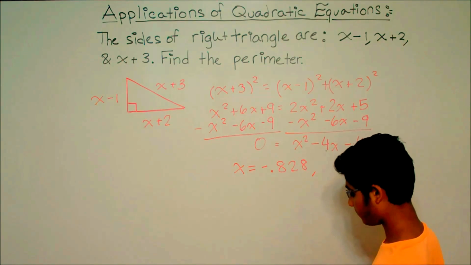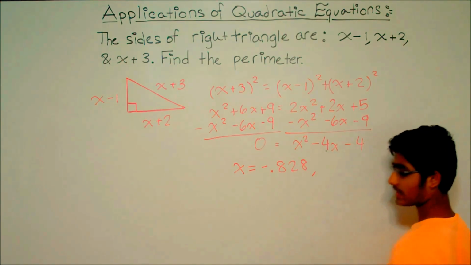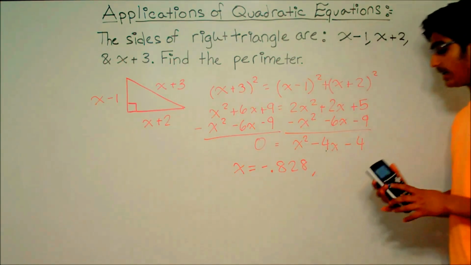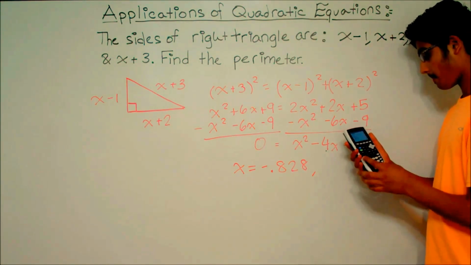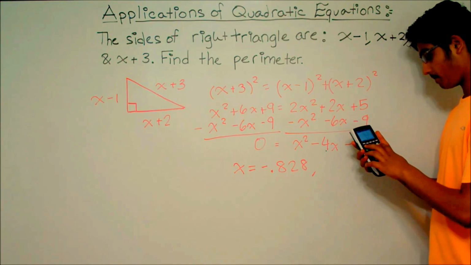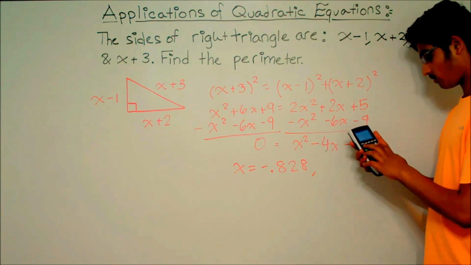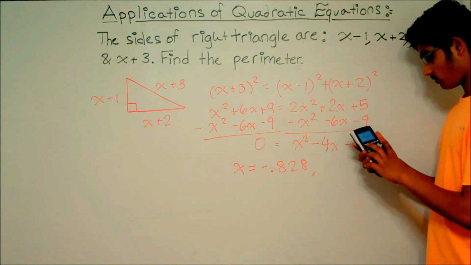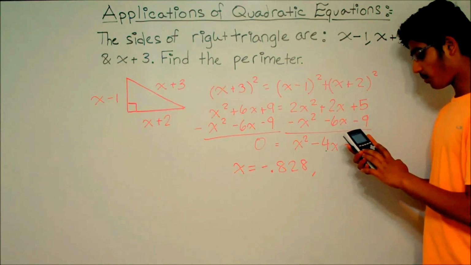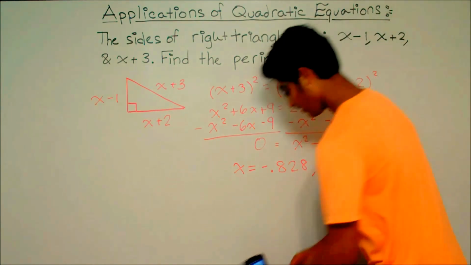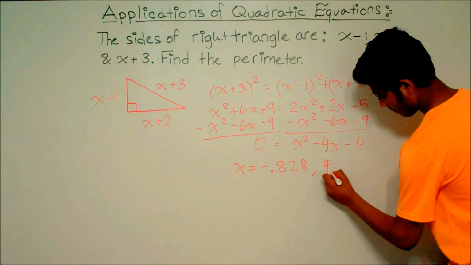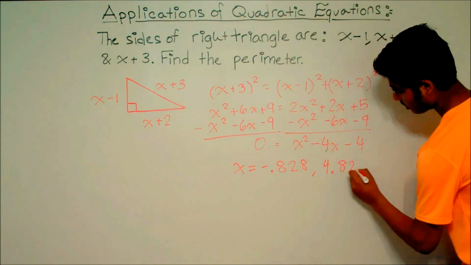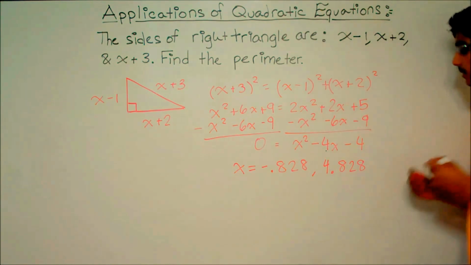Another root, because this is a parabola that intersects the x-axis at 2 points, the other root would be 4.828.